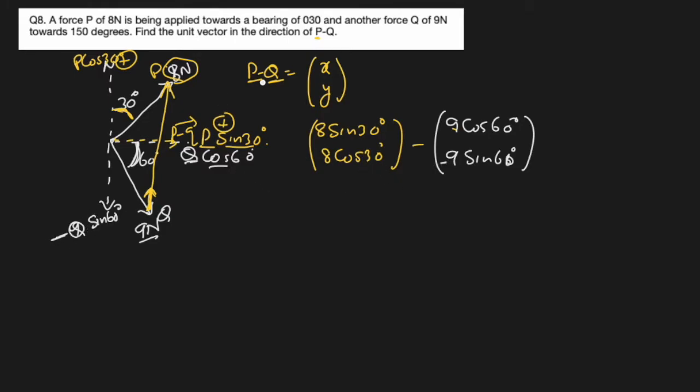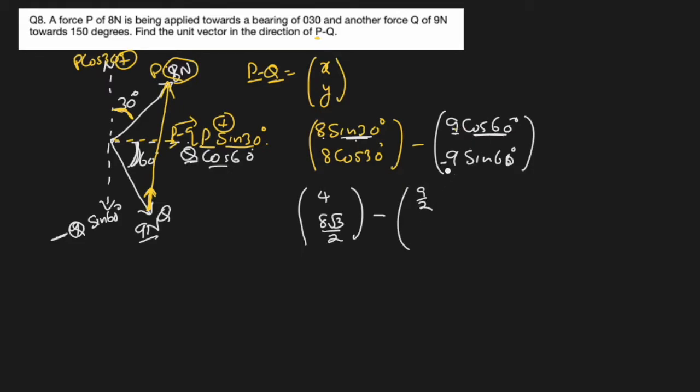Okay, so P minus Q, let's simplify. 8 sin 30 is half. Half times 8 is 4. Cos 30 is root 3 over 2, so 8 root 3 over 2, minus 9 cos 60, which is also half, 9 over 2.